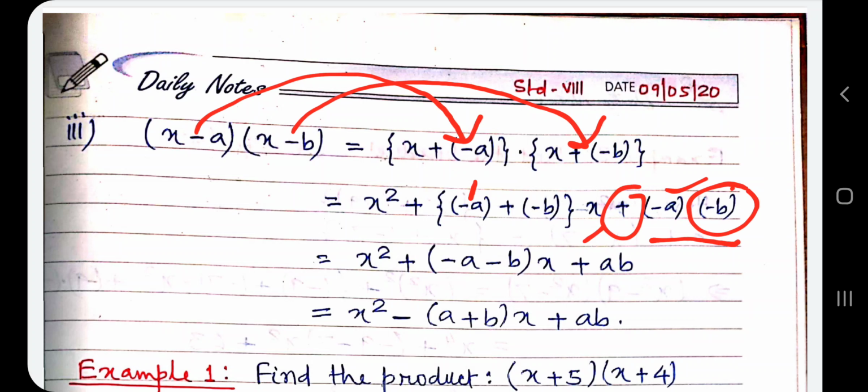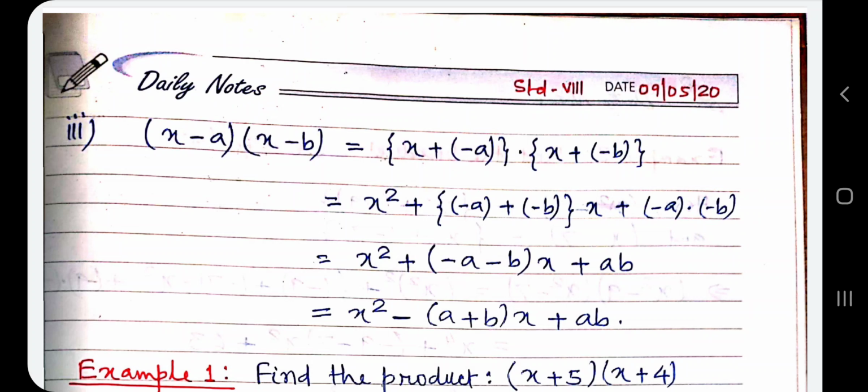So minus a into minus b, the product of minus a into minus b, in the next step you can see, x square, then minus a, when the bracket is open, minus a minus b, plus minus a into minus b is equal to ab.